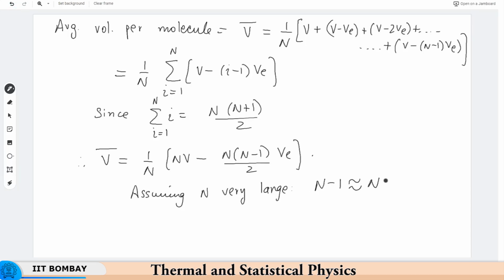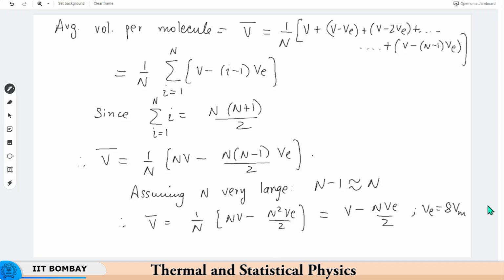So the average volume becomes 1 by n times (nV minus n squared VE by 2), which simplifies to V minus n VE by 2, where remember VE is 8 times Vm, the volume of a single molecule.